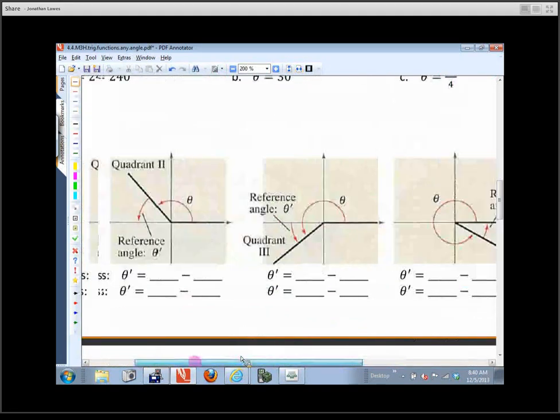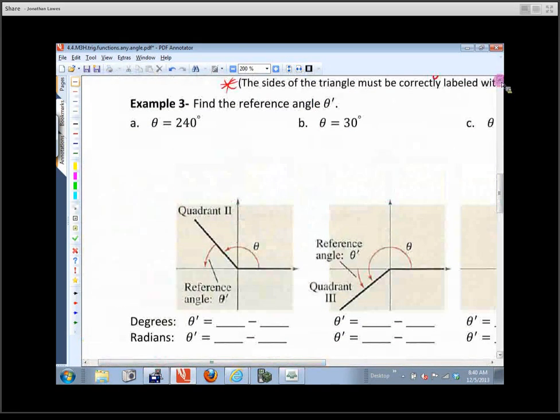Let's take a look at this reference angle problem. It says the angle is 240 degrees, and we want to figure out what theta prime is. So 240 degrees, this is 90, this is 180. 240 degrees puts us right here. The reference angle is formed with the terminal side and the x-axis, so this angle right here is theta prime.